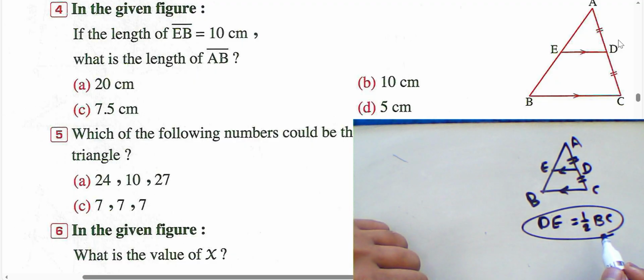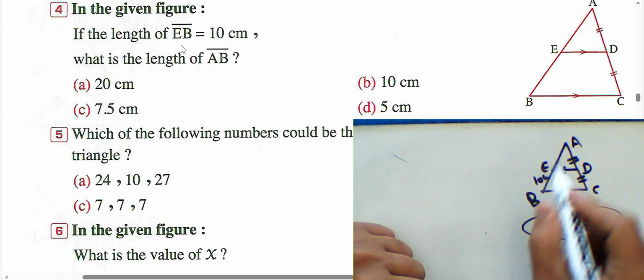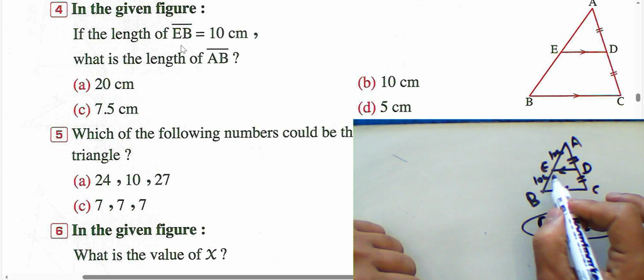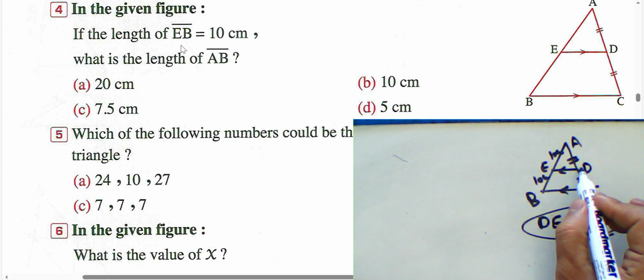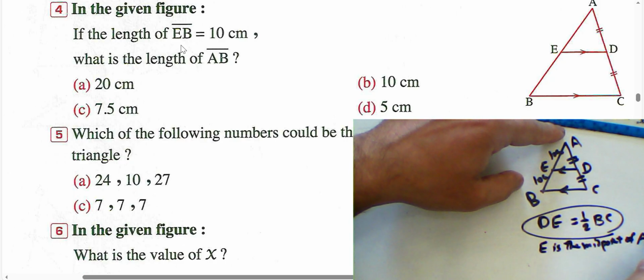He gives us in the example EP. Look at here. EP was 10 centimeter. This line segment will be also 10 centimeter, and D is the midpoint of AC. Then E also is the midpoint of AB.